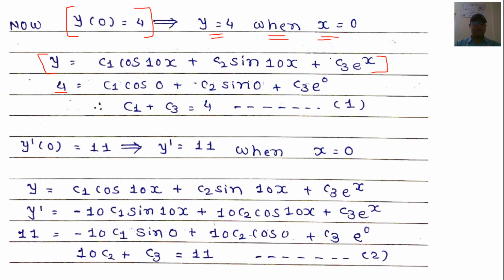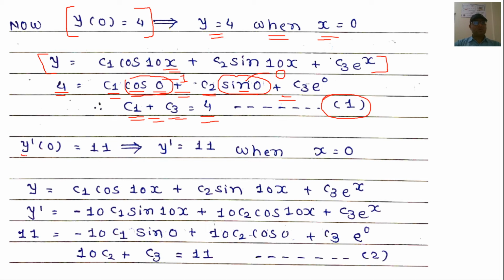Now put y is equal to 4 and x is equal to 0: c1 cos 0 plus c2 sin 0 plus c3 e raised to 0. Now we know that sin 0 is 0 and cos 0 is 1. So finally you will get c1 plus c3 is equal to 4, and call this equation number 1.